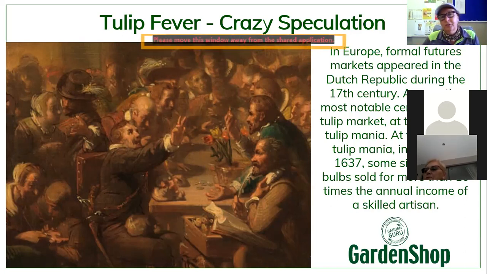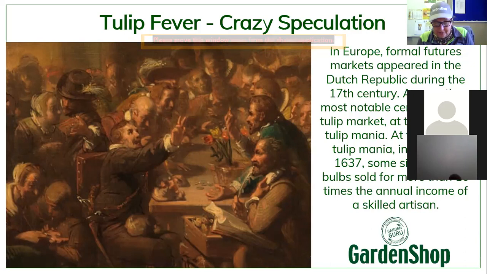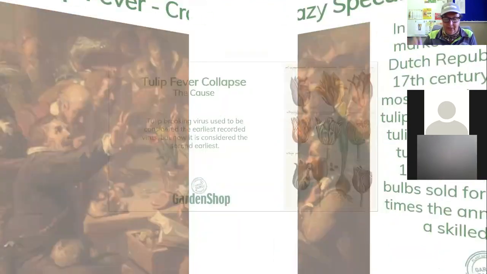So all the growers really went in for it because they got very high prices. There were markets in Holland that were just tulip bulb markets, and people were betting on bulbs. They used it for collateral on loans, etc. So they really went crazy for these bulbs.